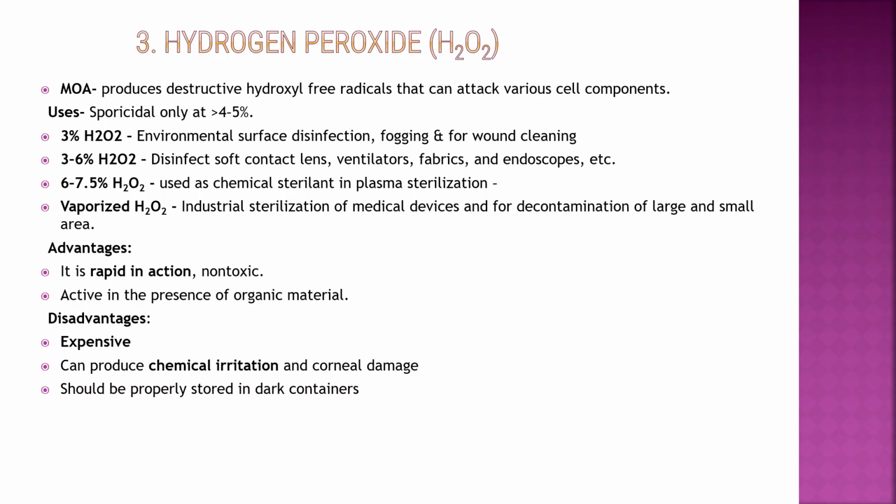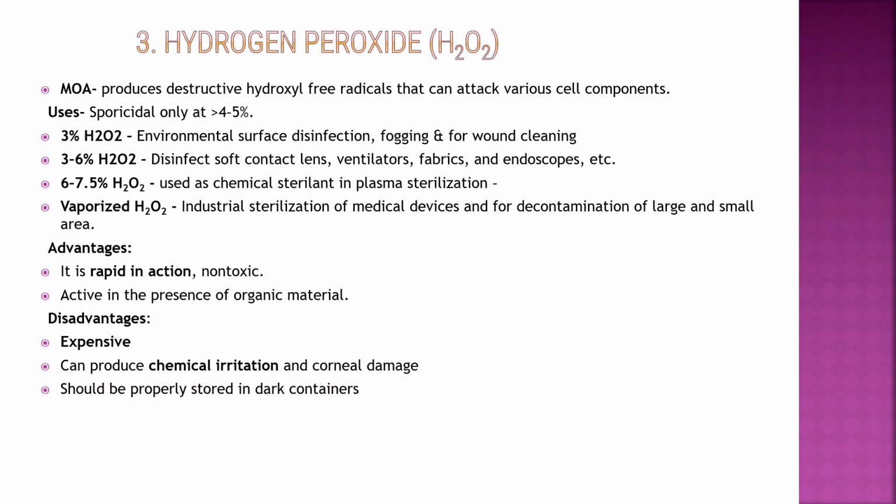H2O2, hydrogen peroxide. Mechanism of action: it produces hydroxyl free radicals which are toxic and attack various cell components. The uses are sporicidal at more than 4 to 5% concentration. 3% H2O2 for environmental surface disinfection, fogging and wound cleaning. 3 to 6% H2O2 for disinfection of soft contact lenses, ventilators, endoscopes. 6 to 7.5% H2O2 as a chemical sterilant in plasma sterilization.